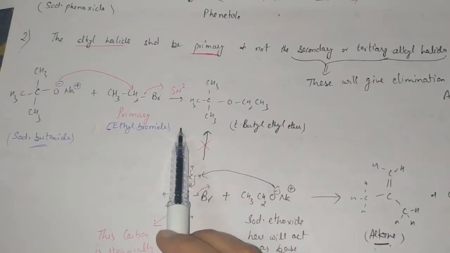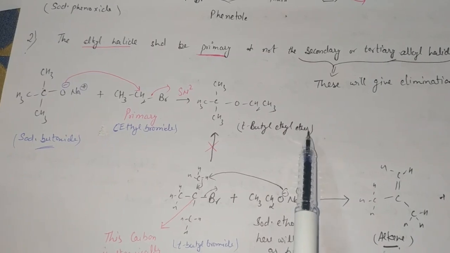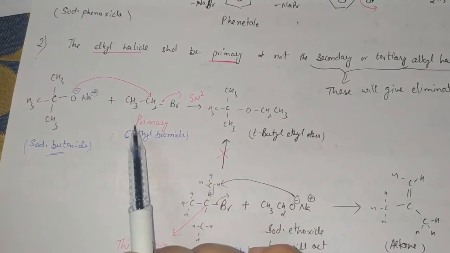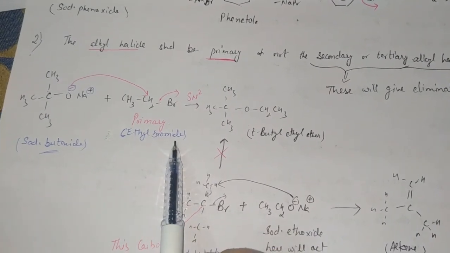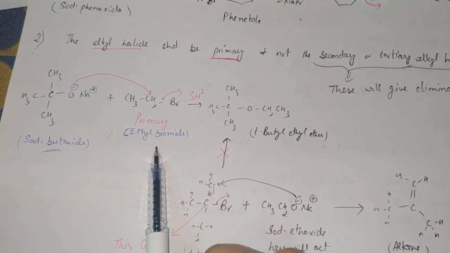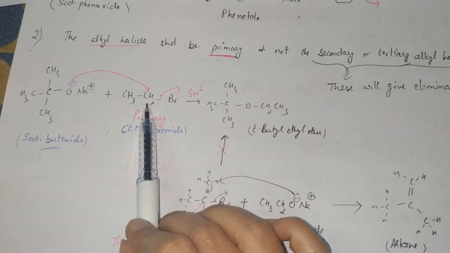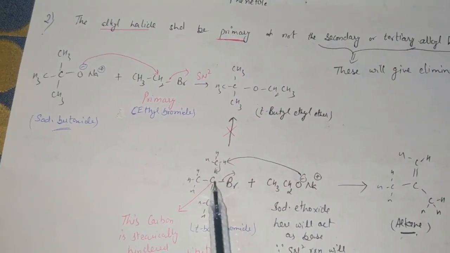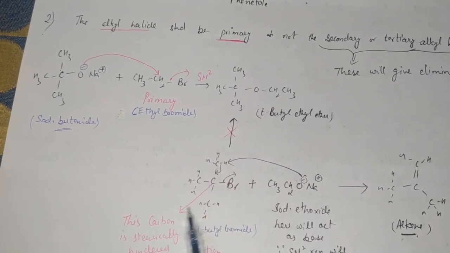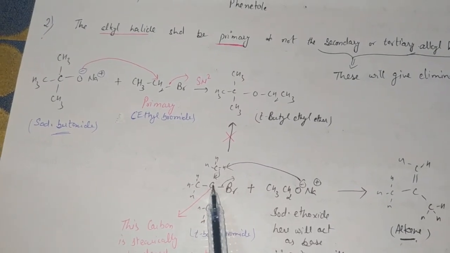So to prepare this tertiary butyl ethyl ether, we have to take the primary alkyl halide, that is ethyl bromide. Here we are using ethyl bromide because this carbon is least sterically hindered in comparison to the tertiary halide, where the carbon is tertiary and highly sterically hindered.